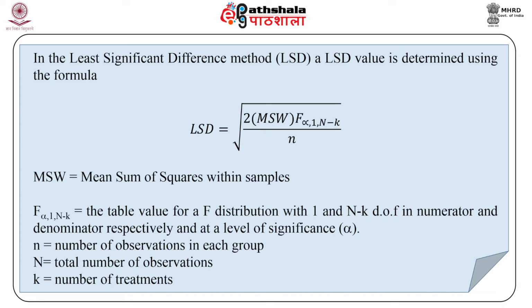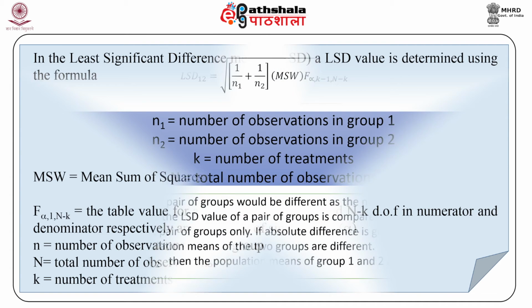And F alpha with 1 and N minus k is equal to the table value for an F distribution with 1 and N minus k degrees of freedom in the numerator and denominator respectively, at a level of significance denoted by alpha. Small n again is the number of observations in each group, capital N is the total number of observations, and k is the number of treatments.